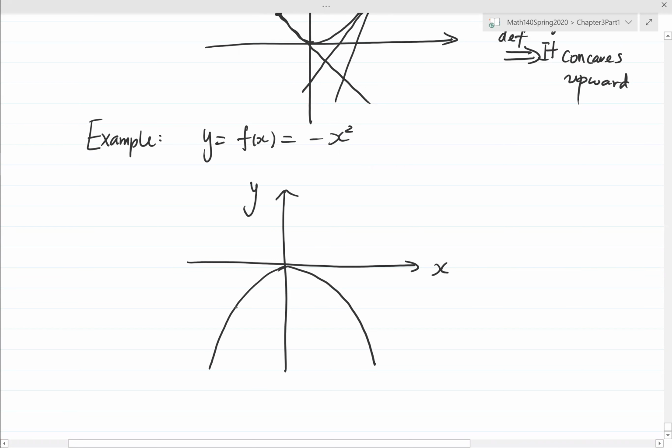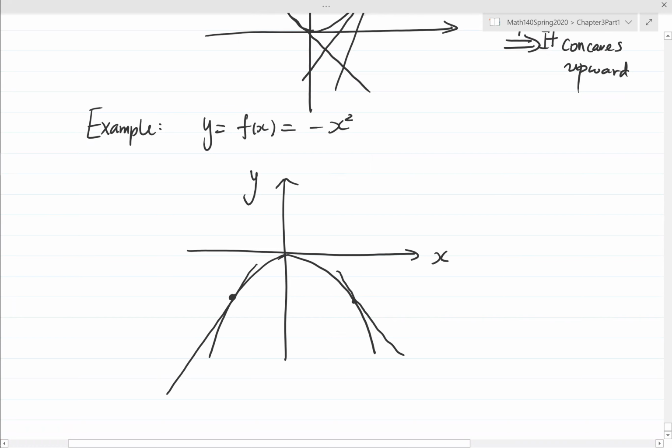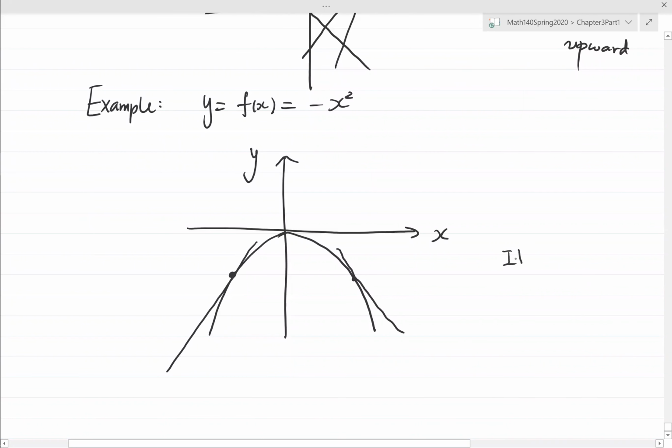Now at any point, if you plot the tangent line, you see its graph lies below all of its tangent lines.